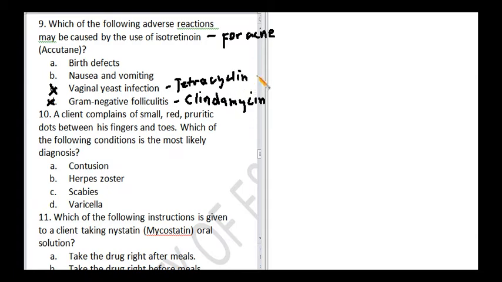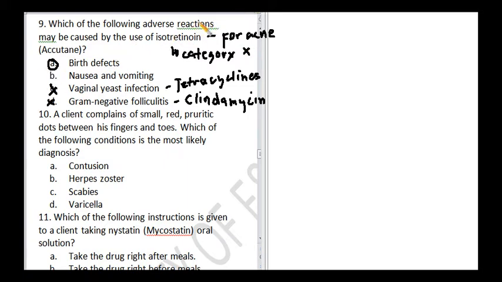So that leaves us only two options. The answer here is letter A. Always remember that isotretinoin is category X for pregnancy, which means it is very high risk and can cause teratogenic effects, even in small amounts. The answer here is letter A.